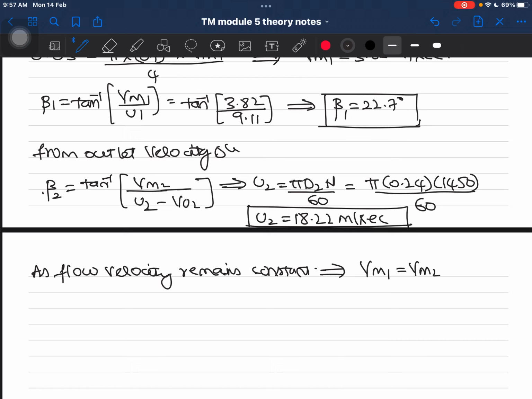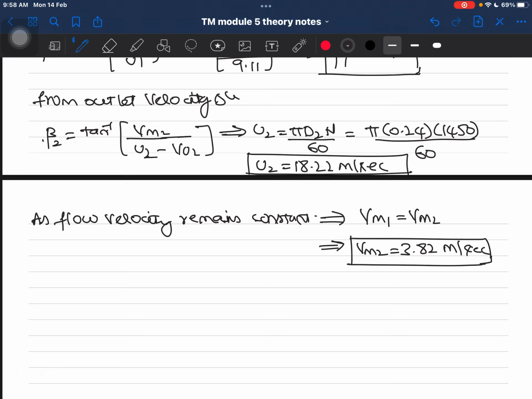Since you have calculated the value of Vm1 as 3.82, Vm2 would also be 3.82 meters per second. So Vm you have known, U2 you have known. I guess you have to know the value of Vu2 now.